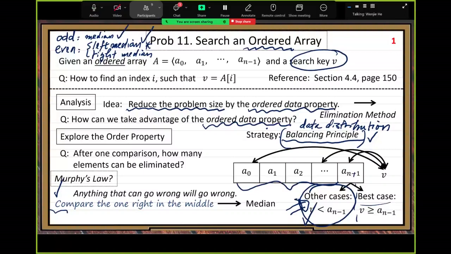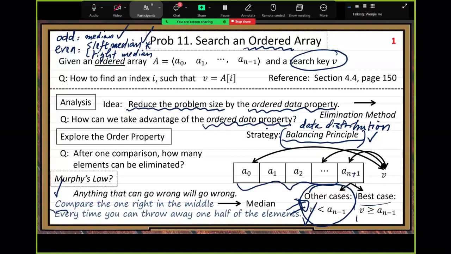The extremely biased distribution of your data would result in the worst case. So we will see that in our quicksort. We will use quicksort as an example to show you this phenomenon.